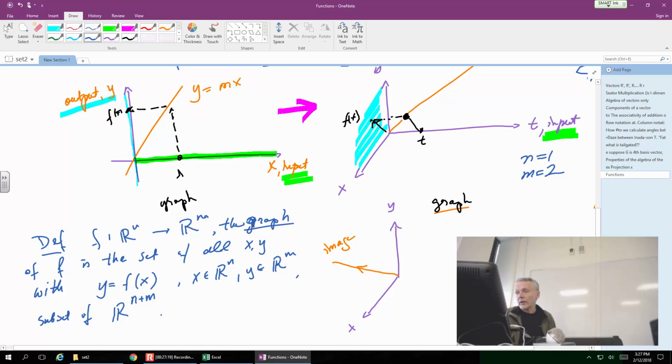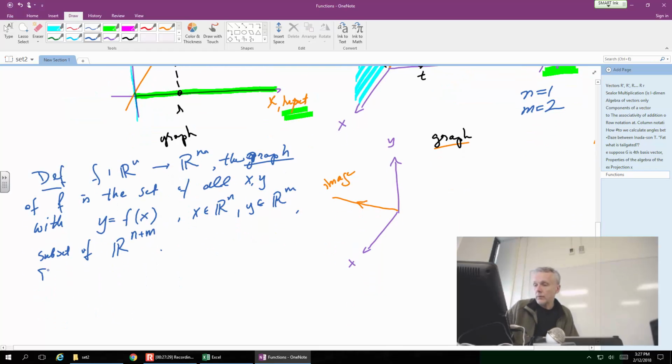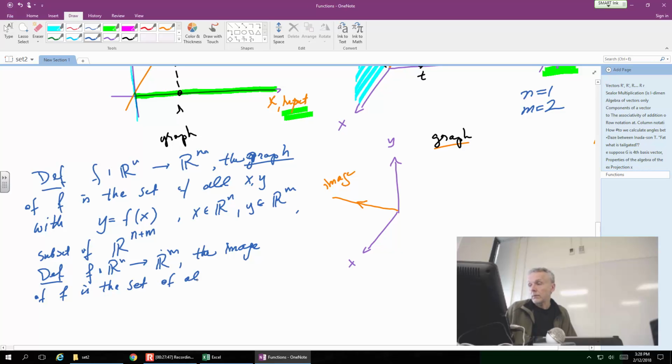So I put it next to the definition of the image, which is almost the same thing, only it involves only y's and no x's. So once again, f from Rn to Rm, the image of f is the set of all y's with y equal f of x.